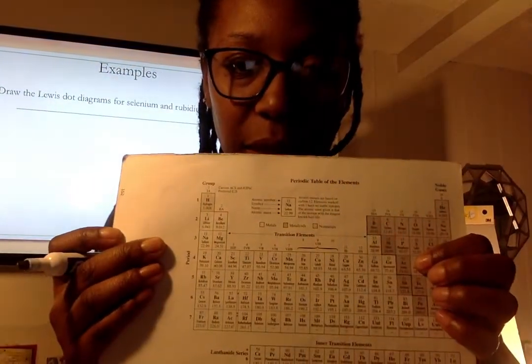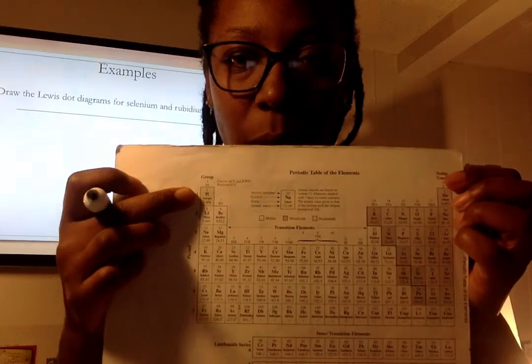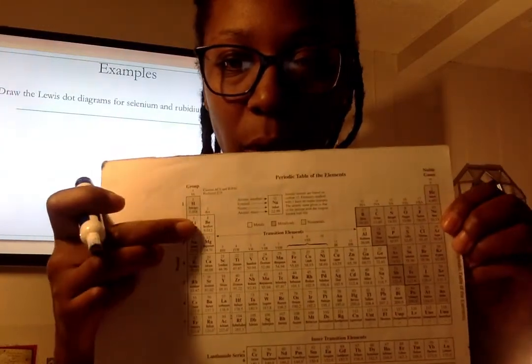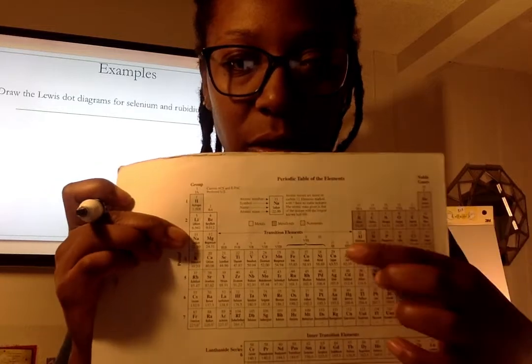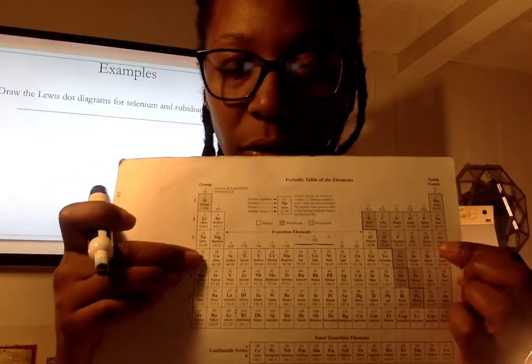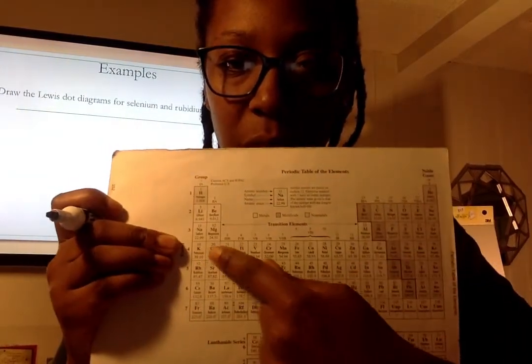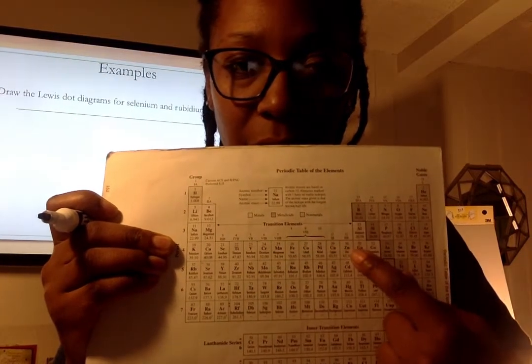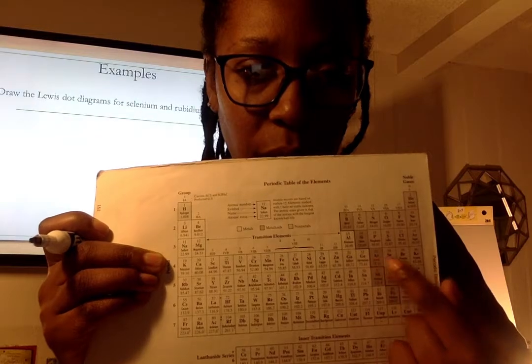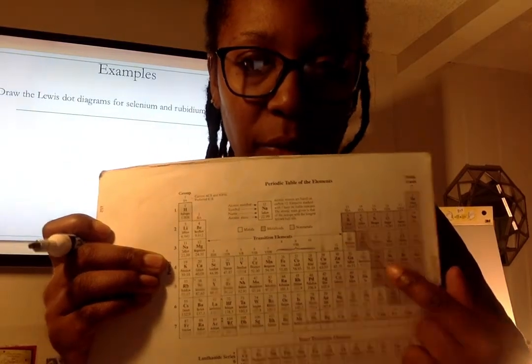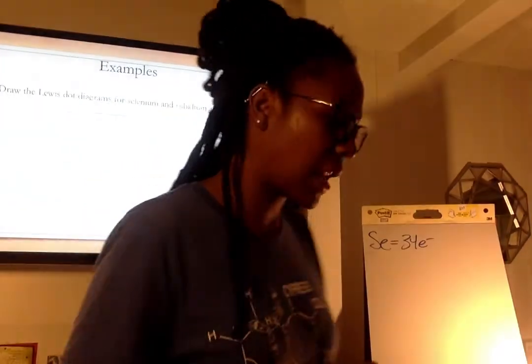Sorry if you couldn't see that. So this is 1s2, 2s2, 2p6, 3s2, 3p6, 4s2, 3d10, and 4p4.